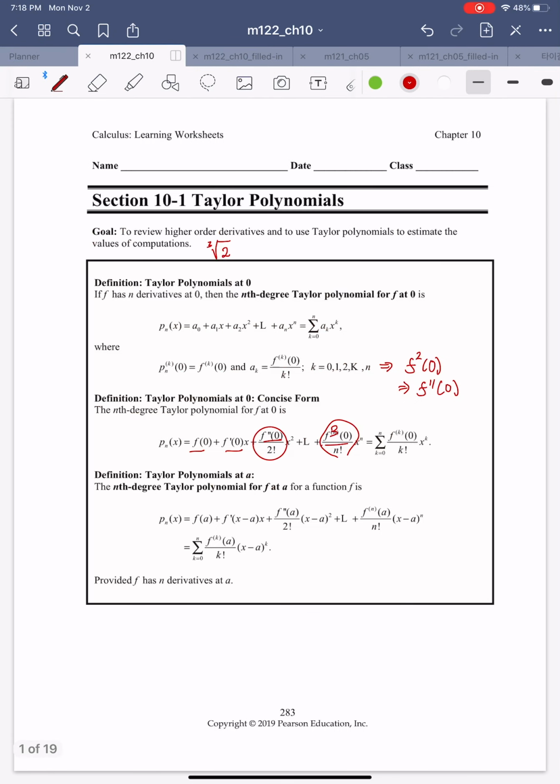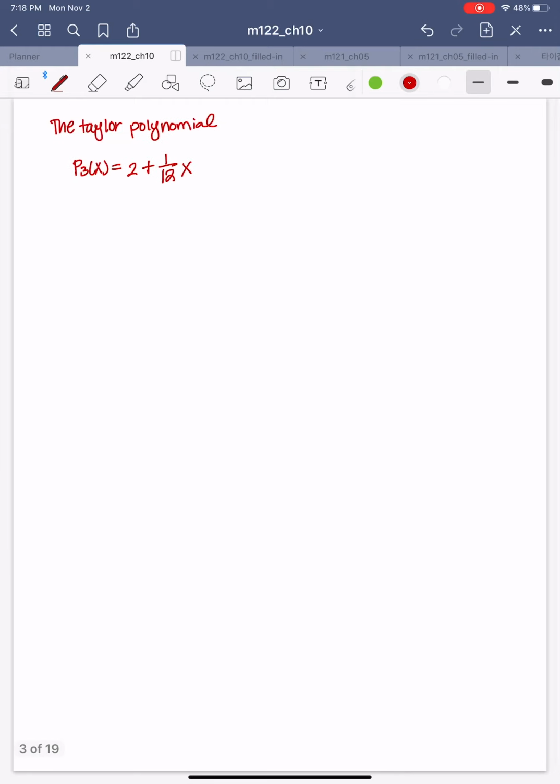So don't forget, you need x here, and then x squared, and then x cubed, all the way up to the x cubed term. Minus 1 over 576 x squared plus 5 over 20,736 x cubed. Okay, so now let's compare.